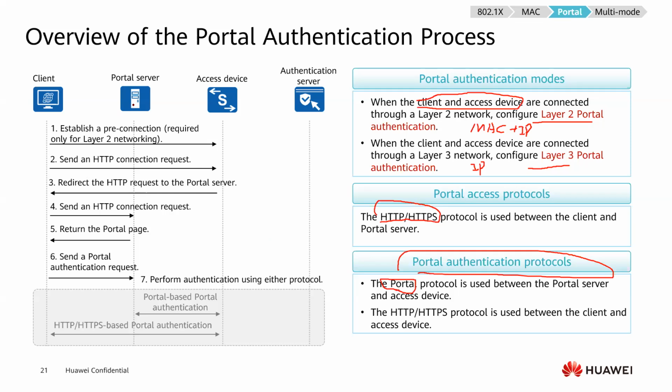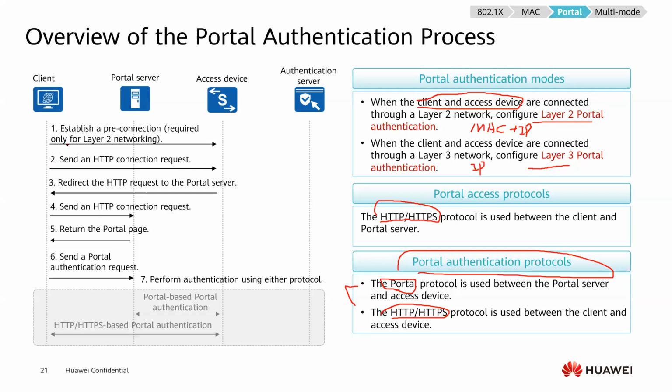And if we directly send this kind of information between the client and the access devices, we will use the HTTP and HTTPS protocols. So on the next page, we will introduce the different processes for the different protocols.